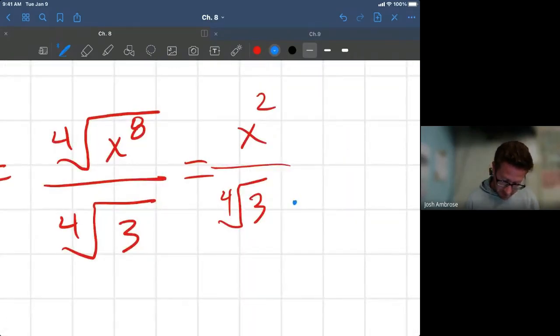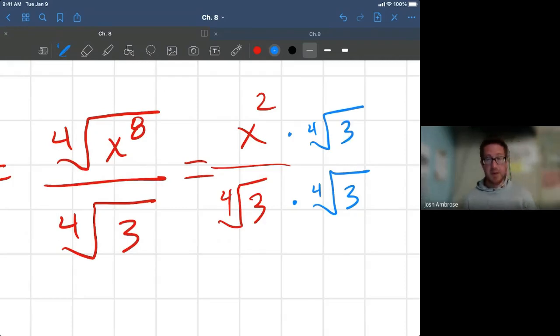We're going to multiply by it. We're going to multiply the top and bottom by the fourth root of 3, because the rule states if you have the same exact number or variable under either a square root, cube root, or fourth root, they're both fourth roots, and this is both 3, it will equal itself.